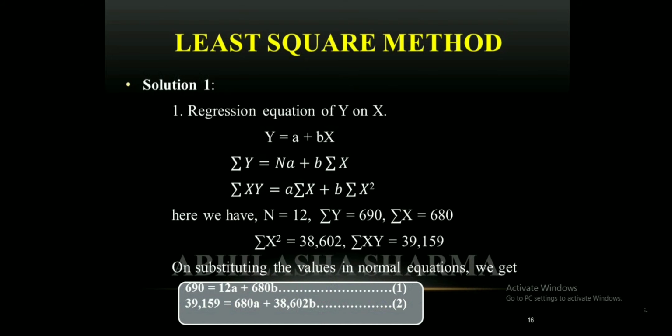On substituting the values such as n equals 12, sigma y equals 690, sigma x equals 680, sigma x square equals 38,602, sigma xy equals 39,159, we get equation number 1, which is 690 equals 12a plus 680b, and equation number 2, which is 39,159 equals 680a plus 38,602b.